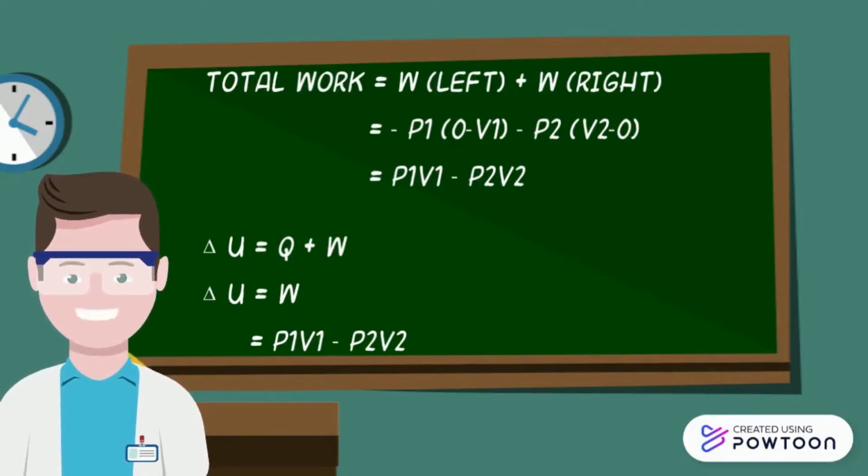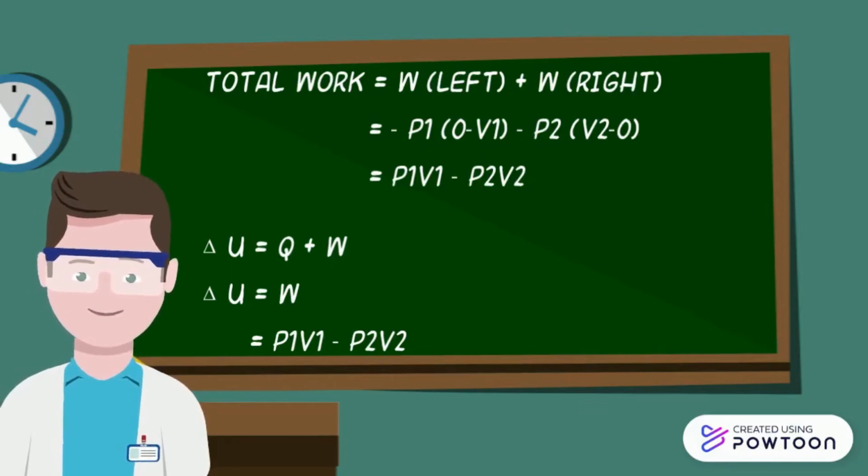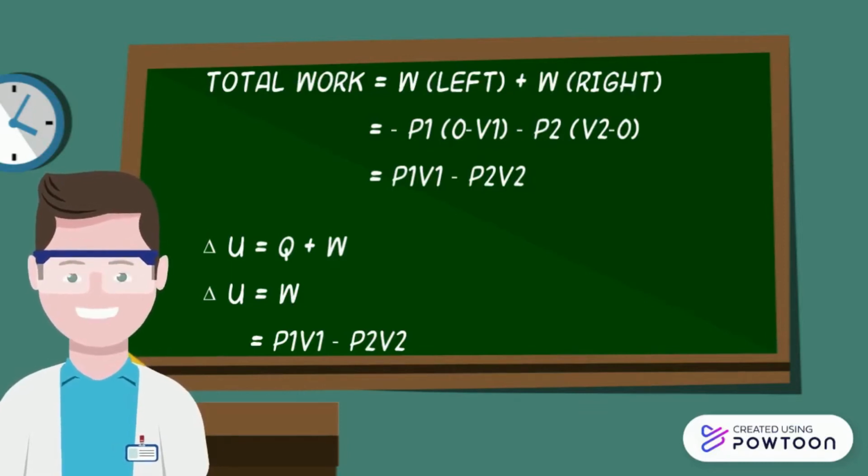The work on the left side is equal to P1 times (0 minus V1), because the piston on the left side initially has a volume of V1 and it decreases to 0 when the piston is pushed. Meanwhile, the work on the right side is equal to P2 times (V2 minus 0). The initial volume on the right side is 0, and as the gas expands, the final volume becomes V2. Adding these two works gives P1V1 minus P2V2.